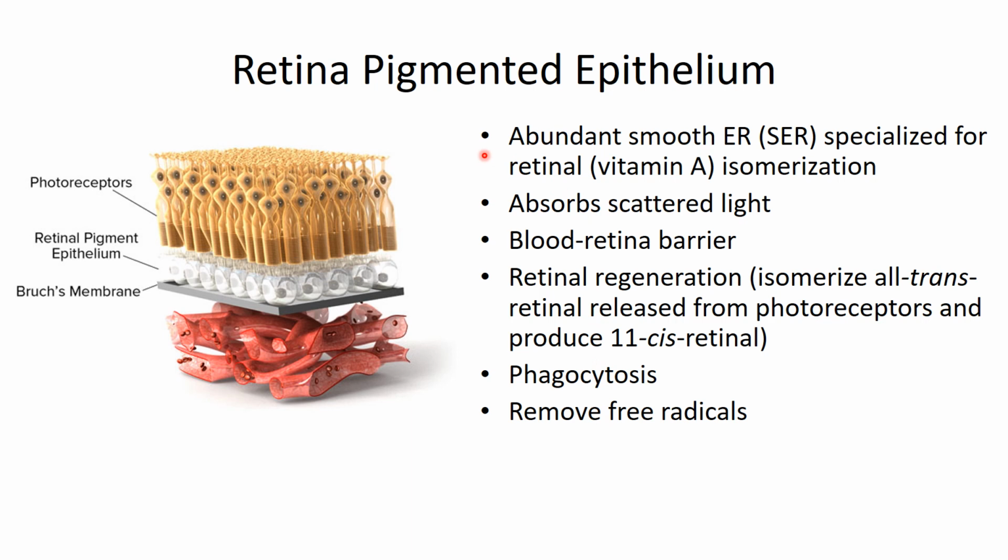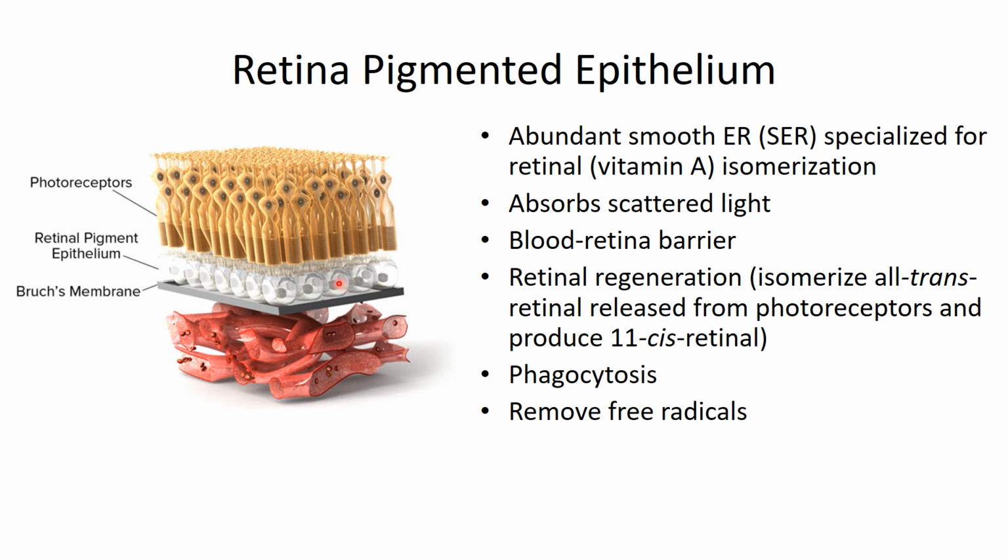So this pigmented epithelium, the outer layer, is a cuboidal epithelium with specialized functions. It contains abundant smooth endoplasmic reticulum specialized for isomerization of vitamin A, so they cause the retinal isomerization.